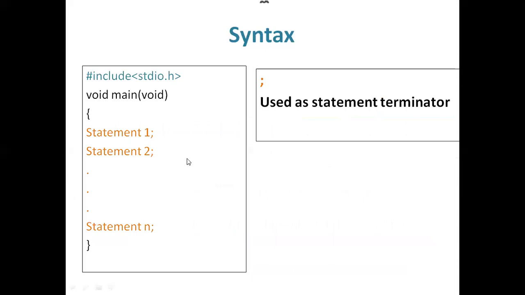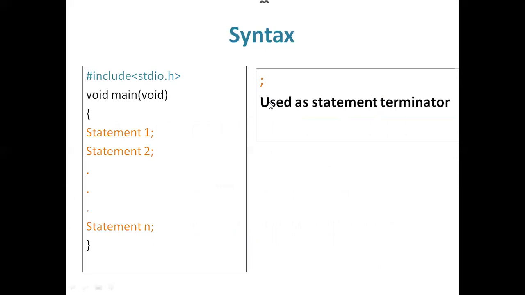Now you can see in this part that we have written statement 1, statement 2, and there can be multiple statements up to statement n. As in the English language we use the full stop to end a sentence, in the C language we use a semicolon.